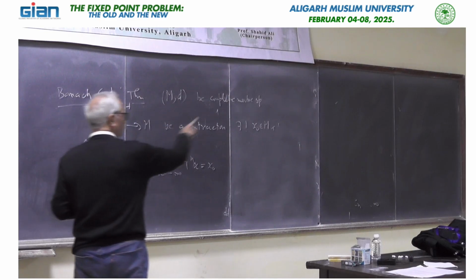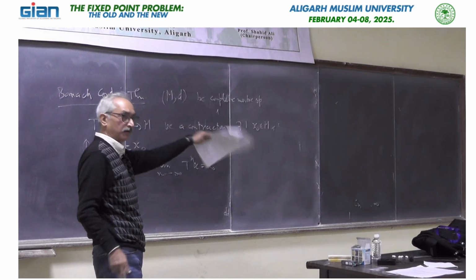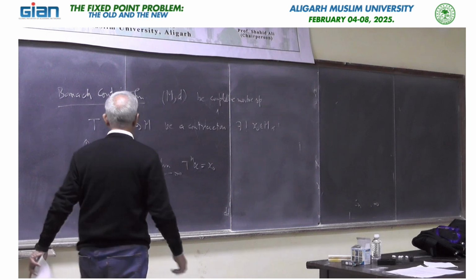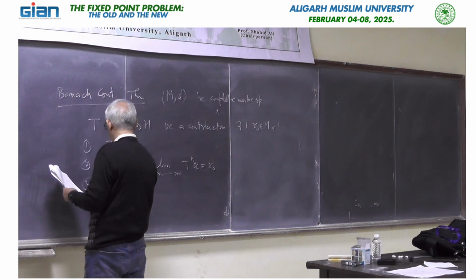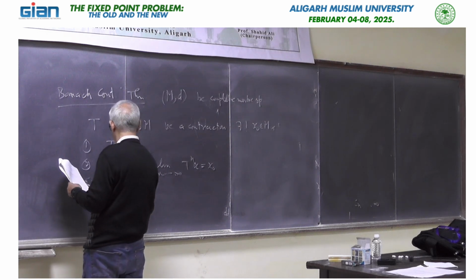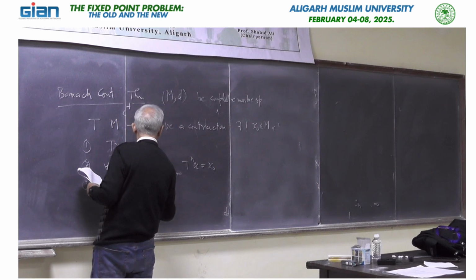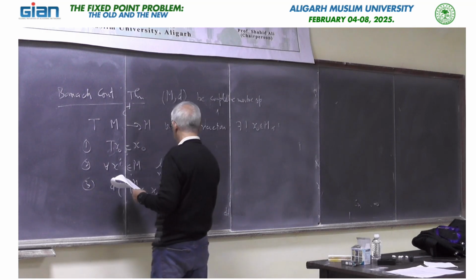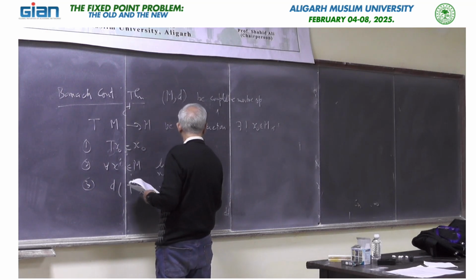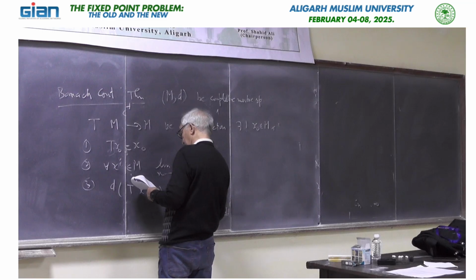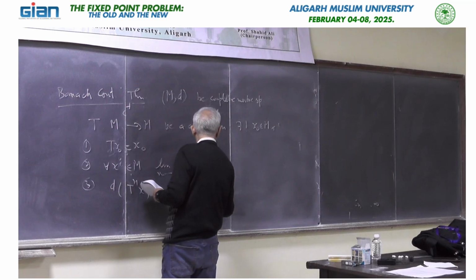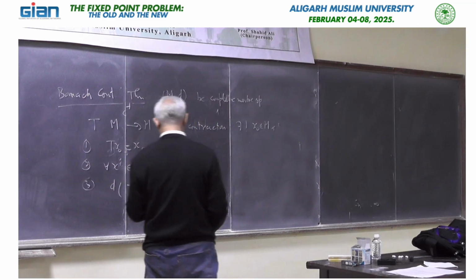Of course, we will see those three different parts separately, but in a general setting you have d of T^n x, x0 less than or equal to k to the power n over 1 minus k times d of x, Tx, or call that x1.